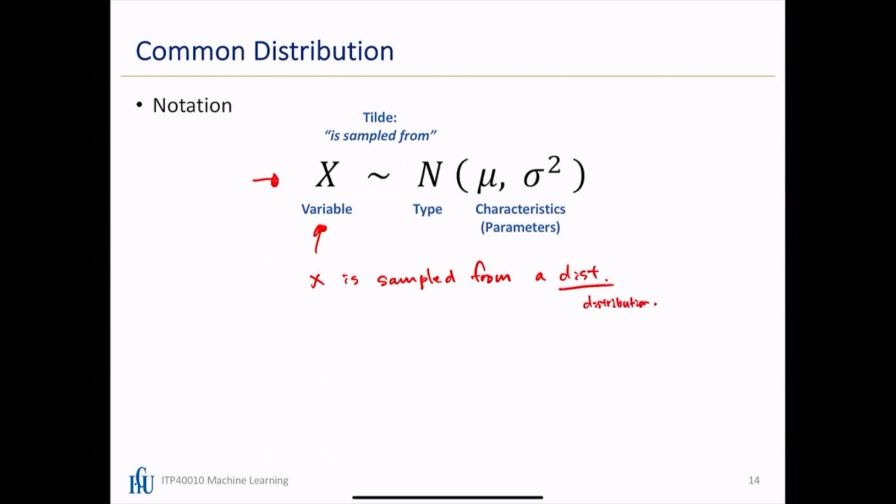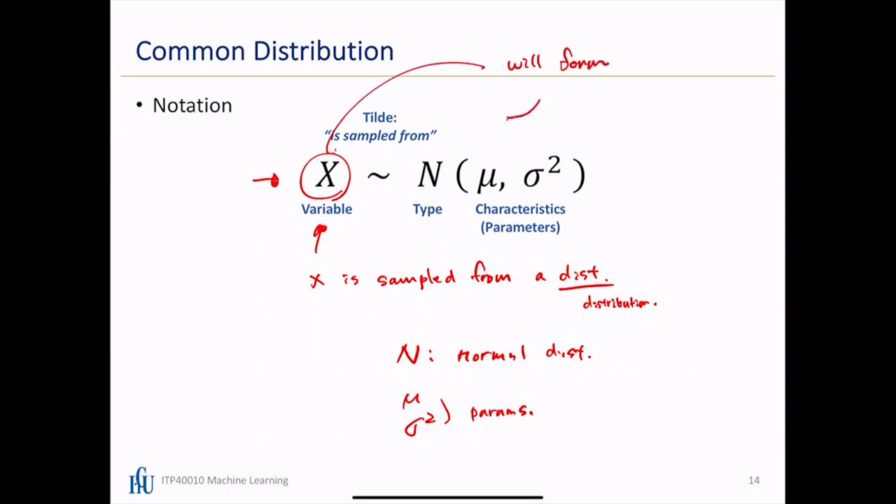So x is sampled from a distribution, and the type of the distribution is N. That means this is a normal distribution or Gaussian distribution. This has parameters, and those parameters explain the characteristics of the distribution. The normal distribution is parameterized by mu and sigma squared. If I have a collection of these values, it will form a shape like this. So this is what the notation implies.